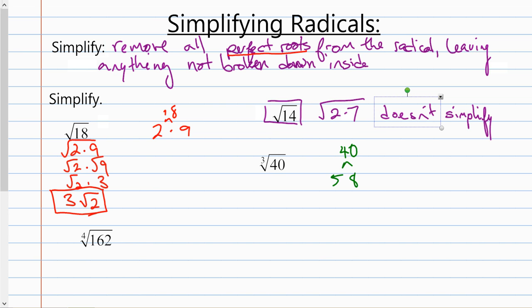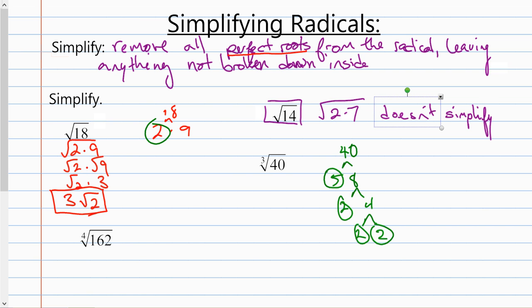You could have seen a 4 and a 10, you could have seen a 2 and a 20, it doesn't really matter. That 5's prime. And 8, you may or may not know, is 2 cubed. How we see that is breaking it all the way down, and there are 3 2's there.